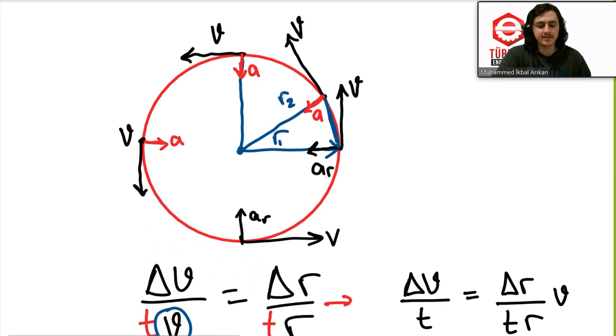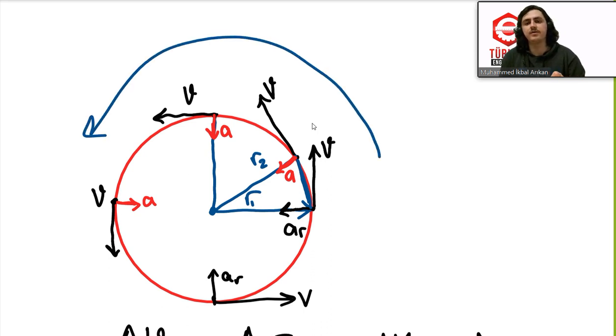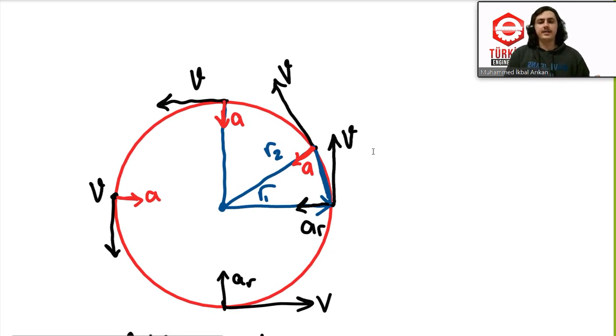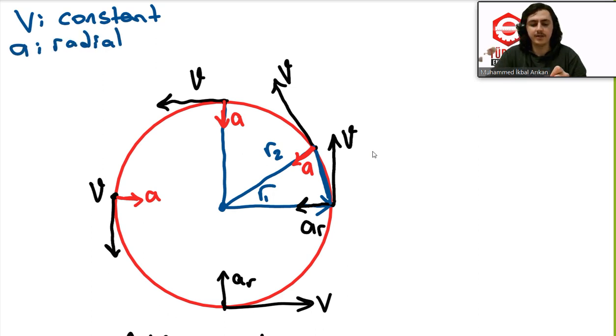What about this case? As you see, our velocity vectors show you in which direction you are moving. Actually, this is counterclockwise. As I said, our velocity will always be constant, and acceleration will also be constant. It is radial acceleration, and it must be constant.